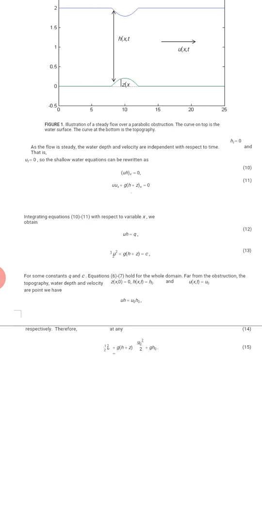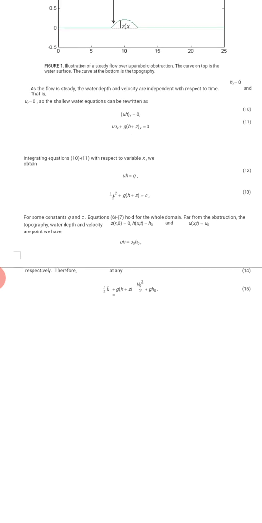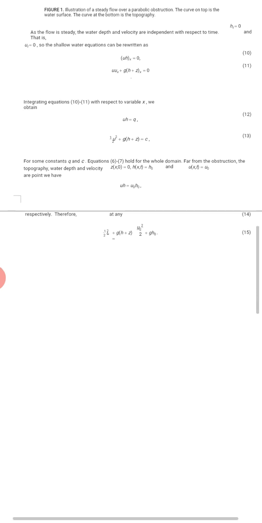Integrating the given equations 10 and 11 with respect to the variable x, we can obtain the solution u into h equal to q, and 1 by 2 into u square plus g into h plus z equal to c, for some constants q and c. Then equations 6 and 7 hold for the whole domain.